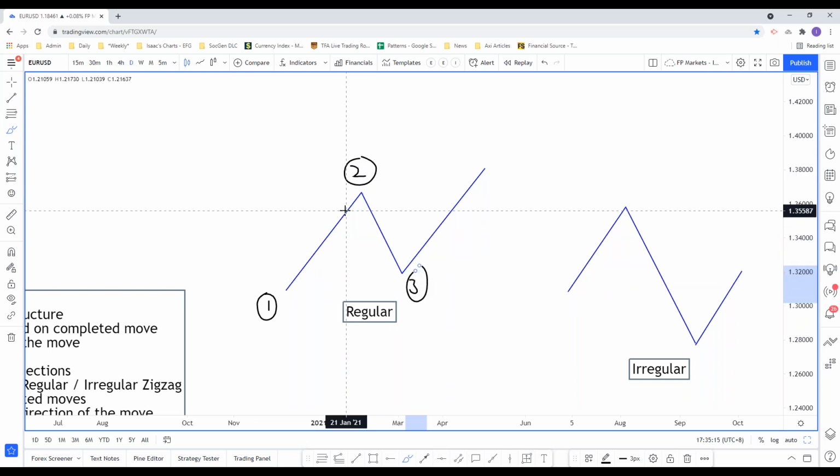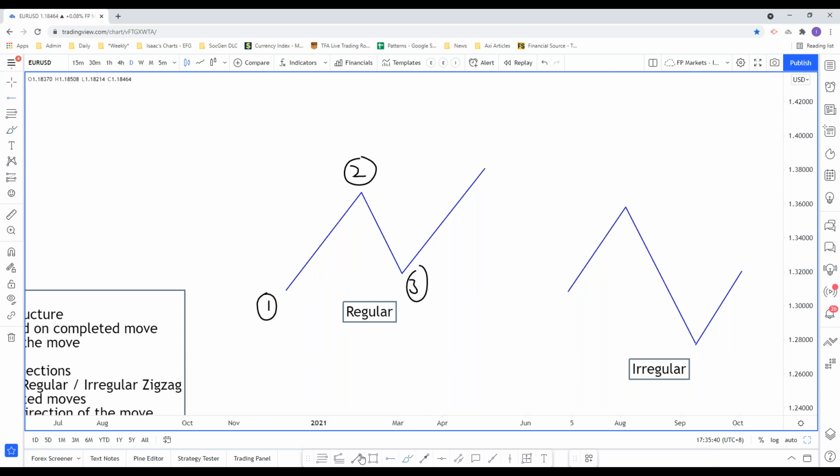So swing lows and swing highs do not have to be at the top or right at the bottom. They are just areas of big movements where price does an explosive move. So you have the third point over here, which is a swing low in a regular zigzag. The second swing low is actually higher than the first point.